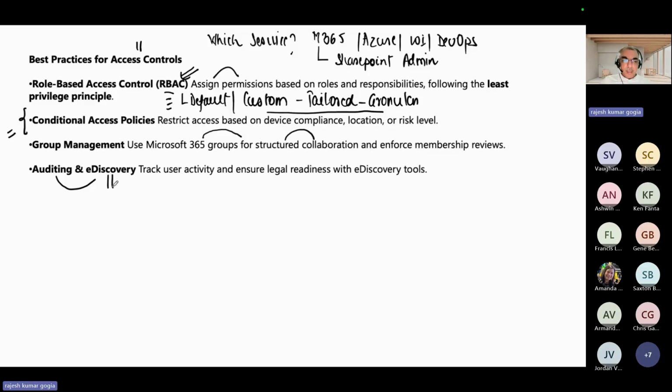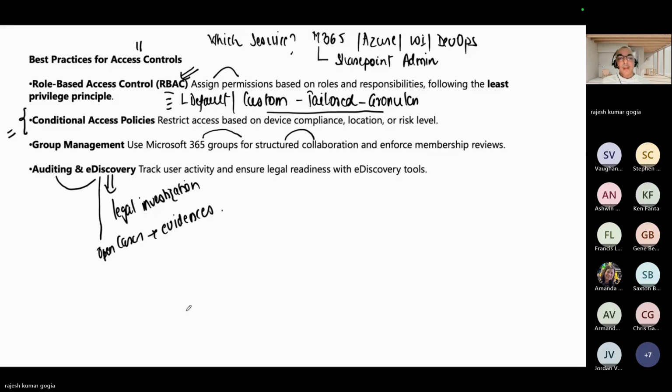E-discovery is simple, which is quite often used for legal investigation. Why? Because with this you can open cases and start collecting evidence.